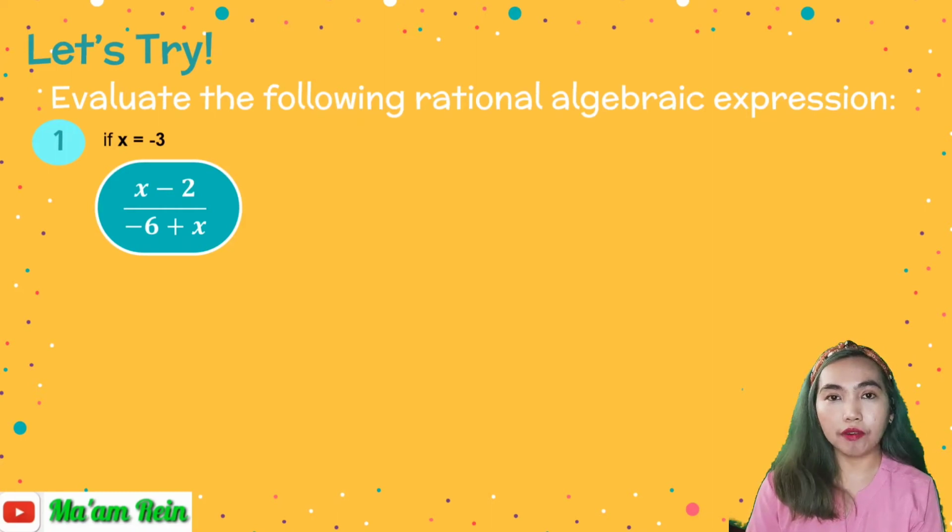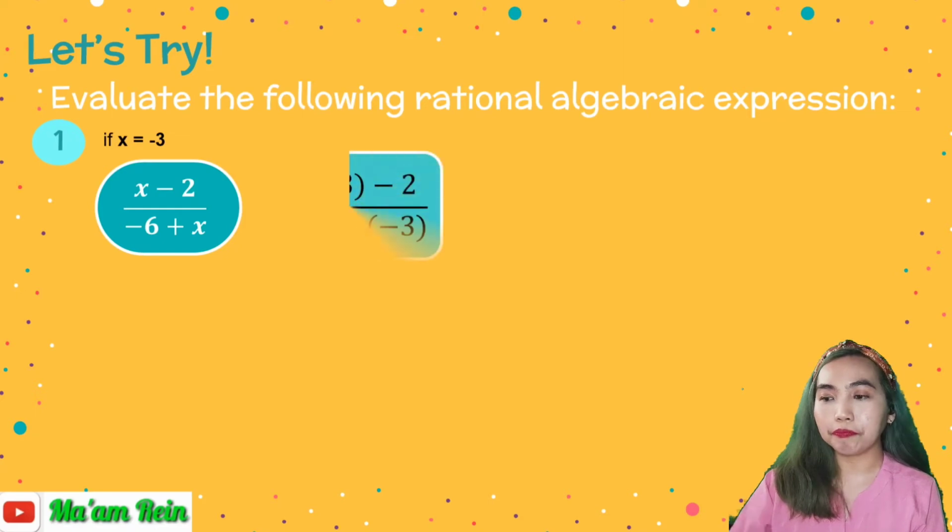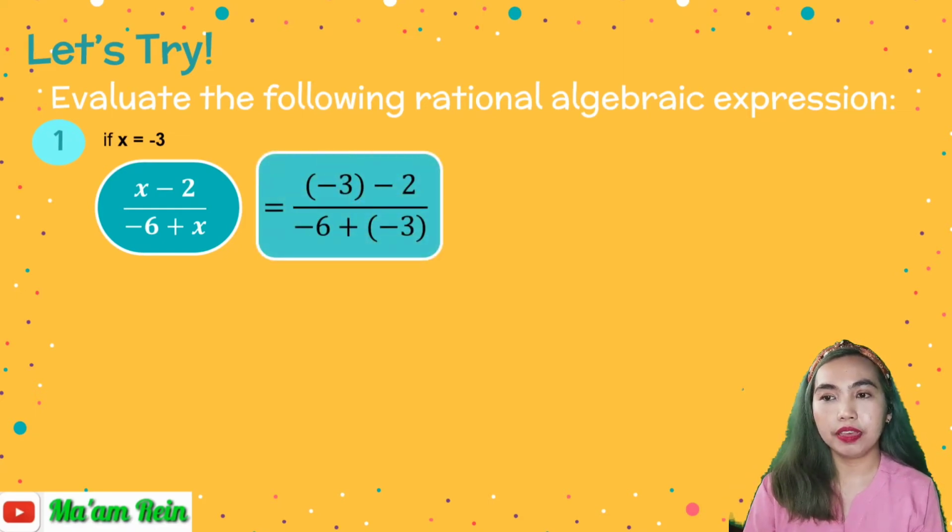So in this case, our x will be negative 3. So x minus 2 all over negative 6 plus x will become negative 3 minus 2 all over negative 6 plus negative 3.